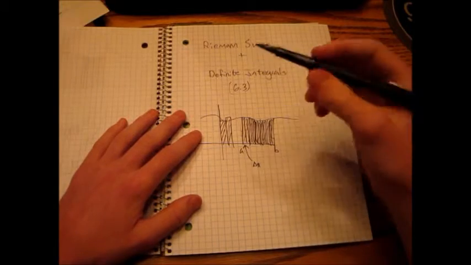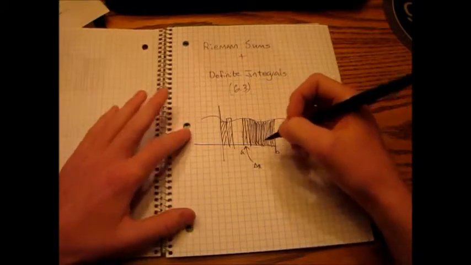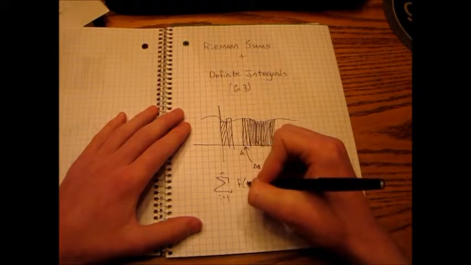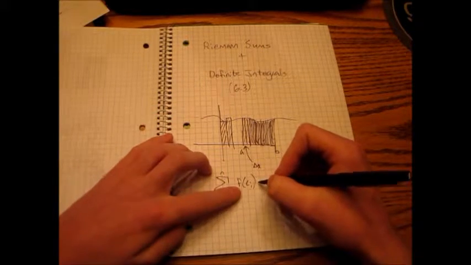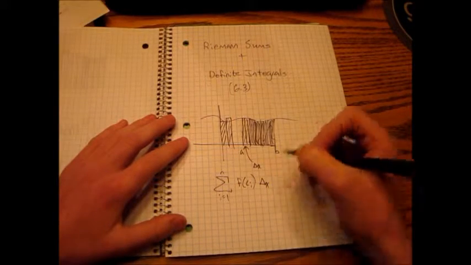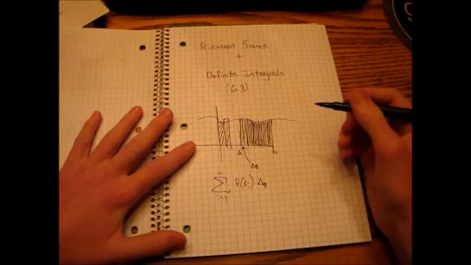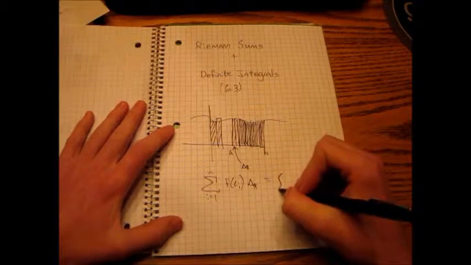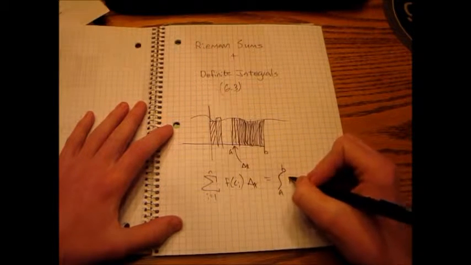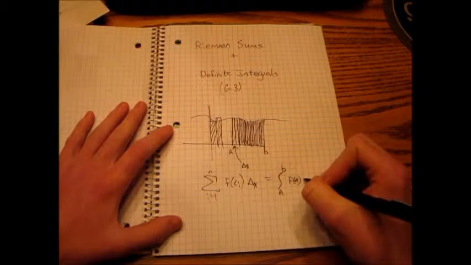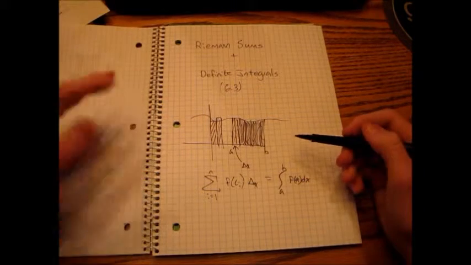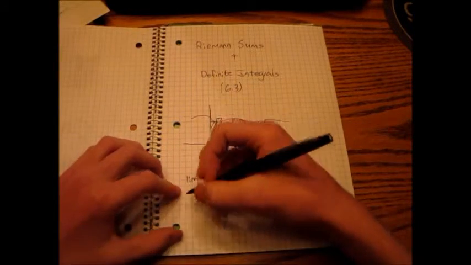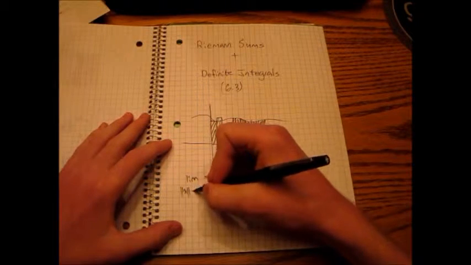So the formula for a Riemann sum is going to be the summation with n and i equals 1, f of c of i, so the function times the change in x. So the sum of all that is equal to the definite integral from a to b of f of x dx, which is the limit as delta x approaches 0.